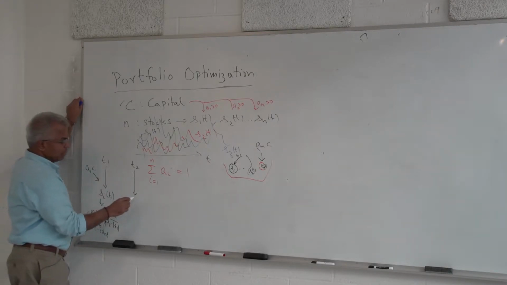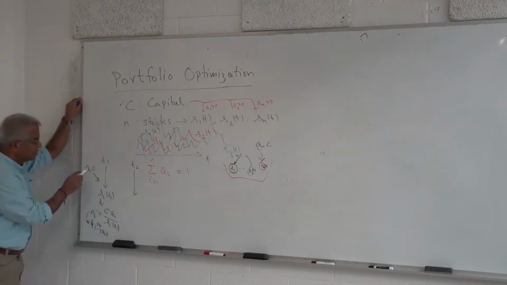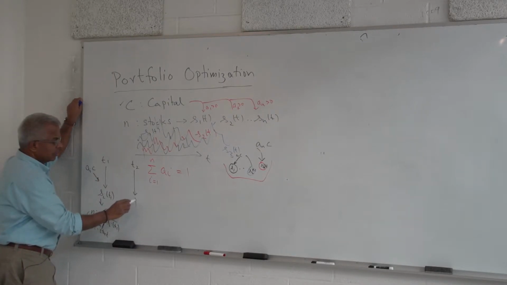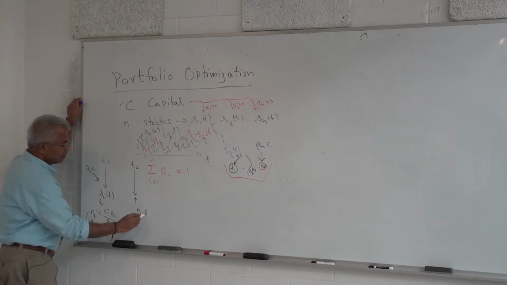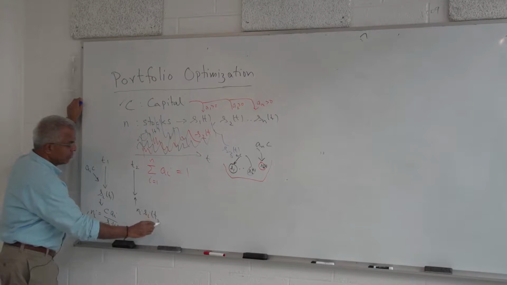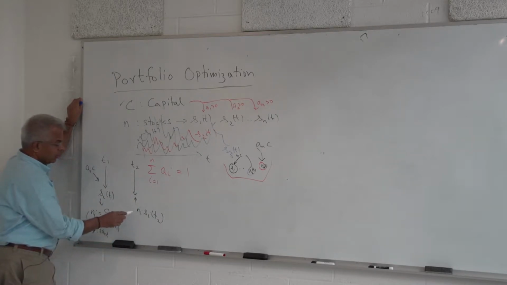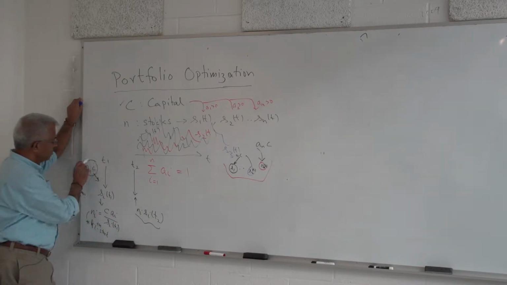Then if you look at it at a time t instant, the portfolio value here is AiC because the entire money is invested, whereas here the value is going to be the number of stocks multiplied by the value of each stock at that point. If you want to look at the gain or loss, this is your current value, and this is the value that we invested.